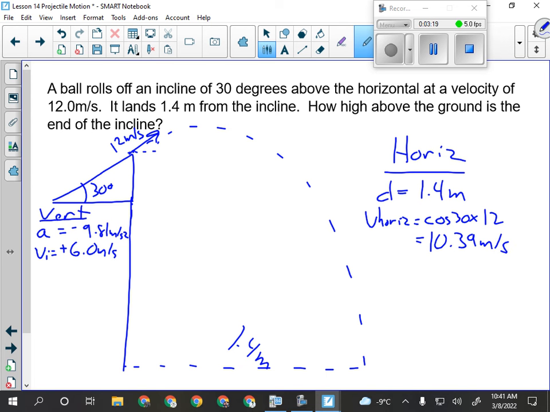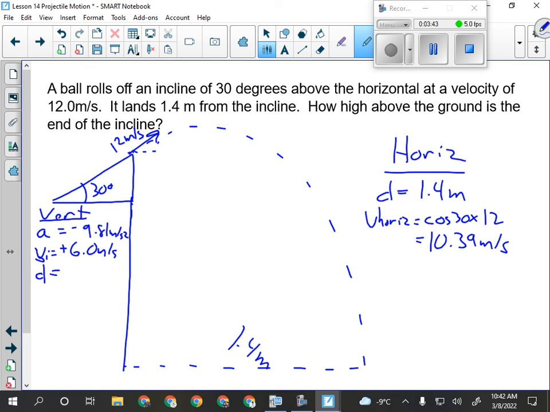All right, so I'm trying to find the vertical displacement here. What do I need? Okay, if I had VF, I could do it. There's another way to do it, because there's no way for me to get VF right now. Right? I have VI and A. That's it.